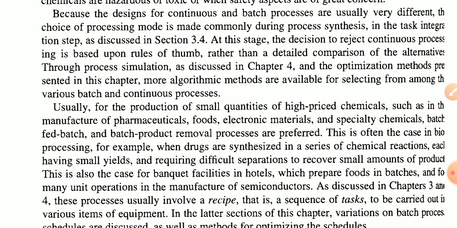For example, when drugs are synthesized in a series of chemical reactions having small yield and requiring difficult steps to recover a small amount of the product. This is also the case for banquet facilities in hotels, which prepare food in batches, and many unit operations in semiconductor manufacturing, as discussed in this chapter.